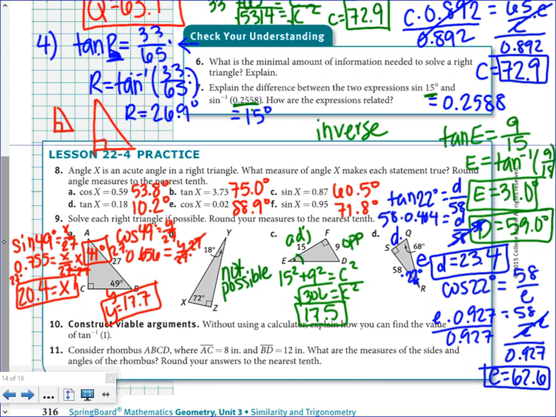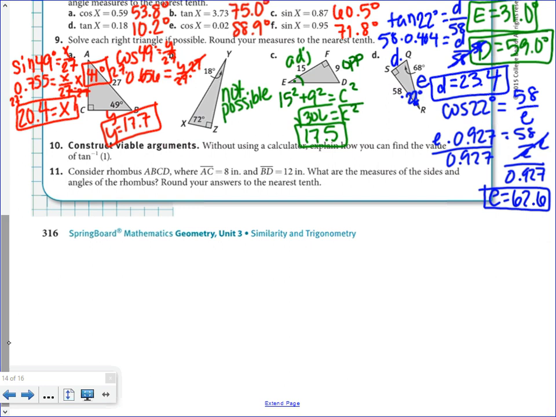So now let's look at number 10. Without using a calculator, how could we find the value of tangent inverse of 1? So I'm going to come down here, and I'm going to draw a little triangle. And this is my angle that I'm looking at. Tangent is opposite over adjacent.